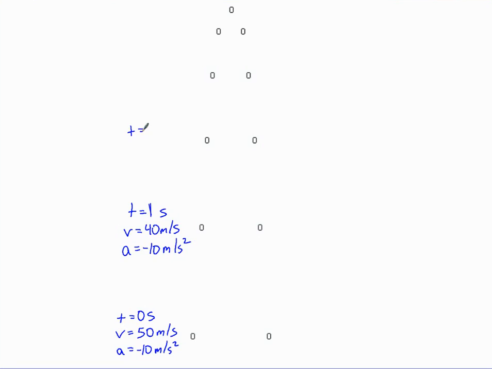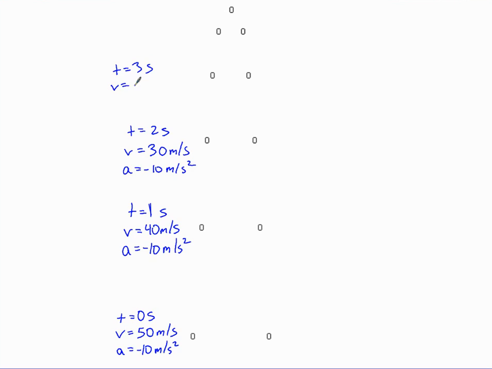Here we have time equals 2 seconds. The velocity has decreased by 10 meters per second. We are now at positive 30 meters per second, and the acceleration due to gravity is still negative 10 meters per second squared. Here we have time equals 3 seconds.